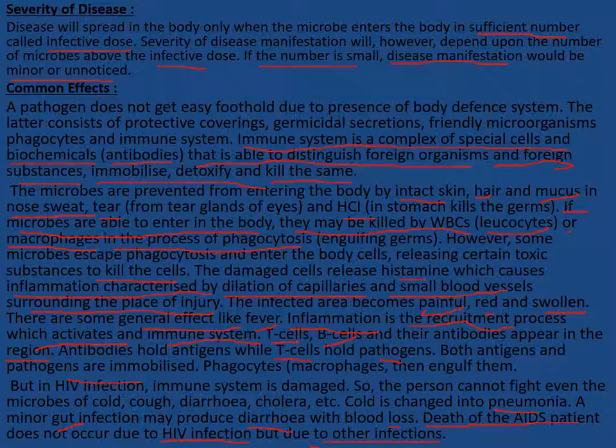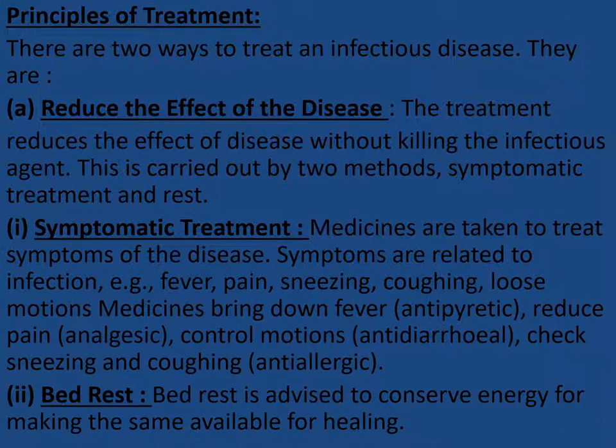Okay, done. Next, principles of treatment. How can you treat the diseases? There are two ways to treat infectious diseases. Number one is to reduce the effect of the disease, without killing the infectious agent.